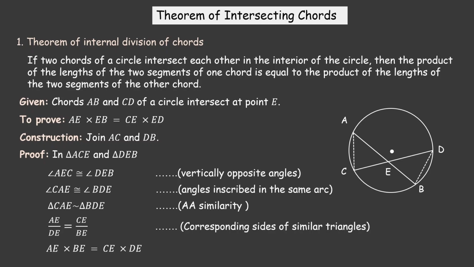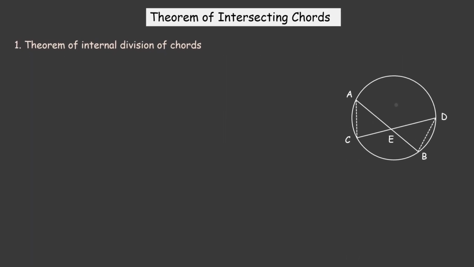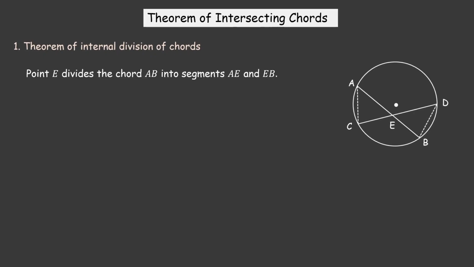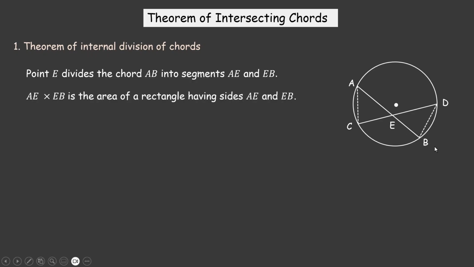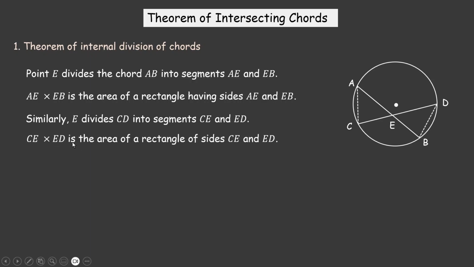We can also rephrase this theorem in another way as well. So let us look at that. Point E divides the chord AB into segments AE and EB. Correct. And AE into EB will be the area of the rectangle having sides AE and EB. Similarly, E divides CD into CE and ED, and CE into ED will be the area of the rectangle having sides CE and ED.